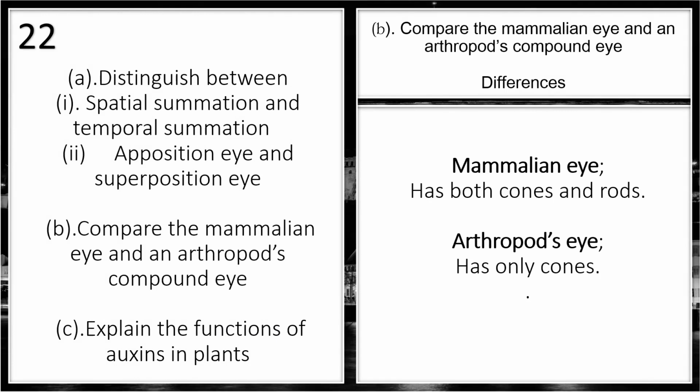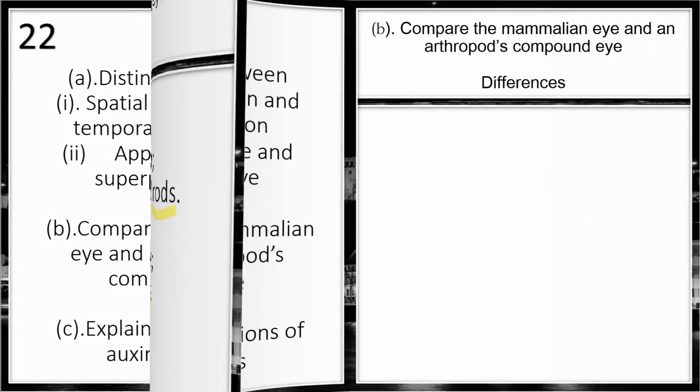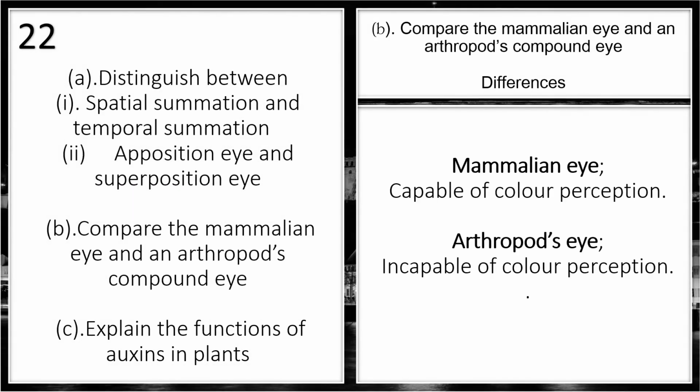The mammalian eye has both the cones and the rods. Arthropod eye has only the cones. Mammalian eye is capable of color perception.